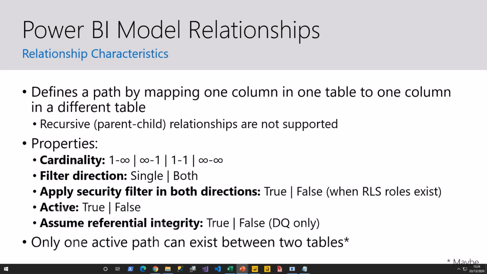Let's come to the next object in the model. We have tables with columns, and where we have more than one table, we need to consider relationships that will propagate filters between tables. So let's be clear by definition that a relationship is one column in a table with a filter propagation to another column in a different table. All right, so it's always from one table to another.